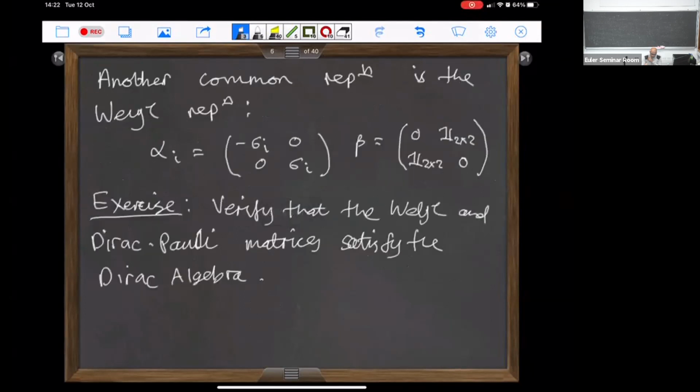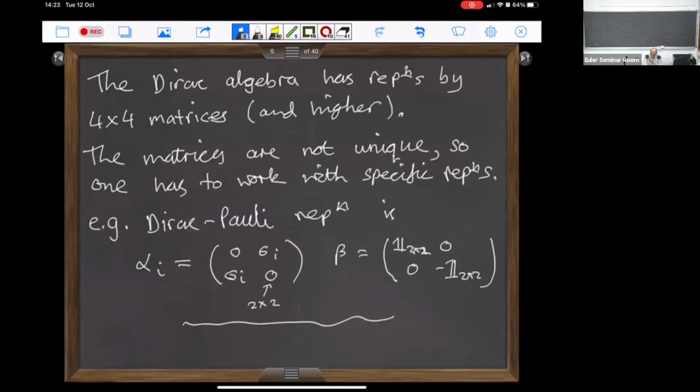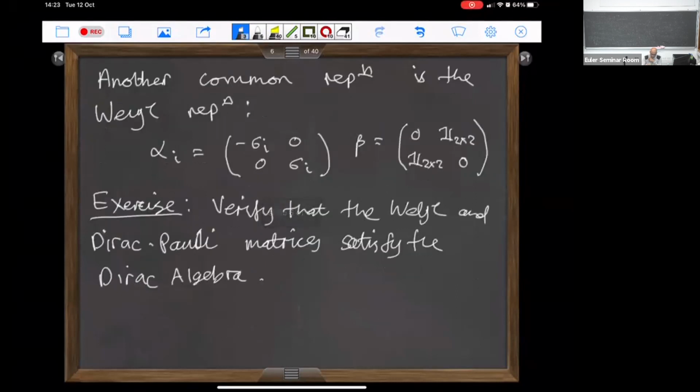Another representation, which is the one we're going to use mostly, is the Weyl representation. But I think in the QED course, you'll probably see the Dirac-Pauli representation a bit more. Anyway, in the Weyl representation, the alphas are block diagonal with the non-zero entries being either plus or minus the Pauli matrices.